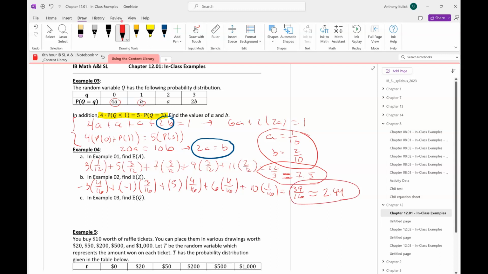So 39/16, or as a decimal, about 2.44 rounded to 3 sig figs.